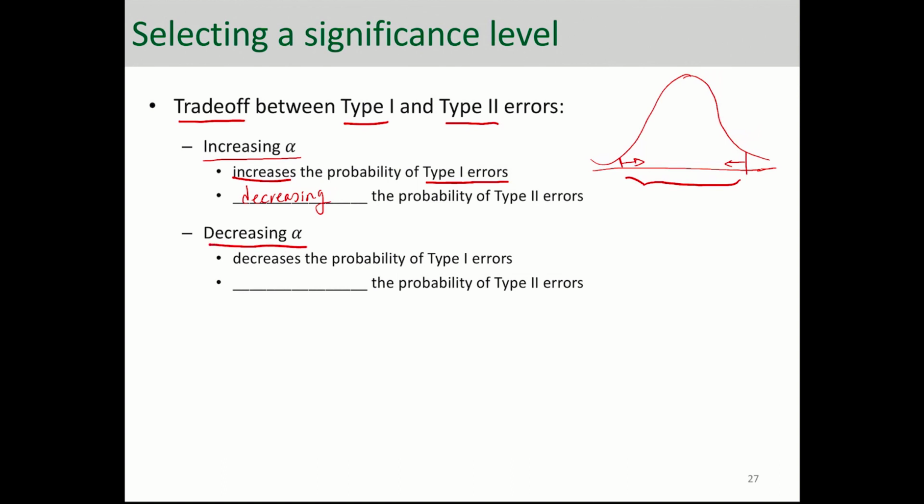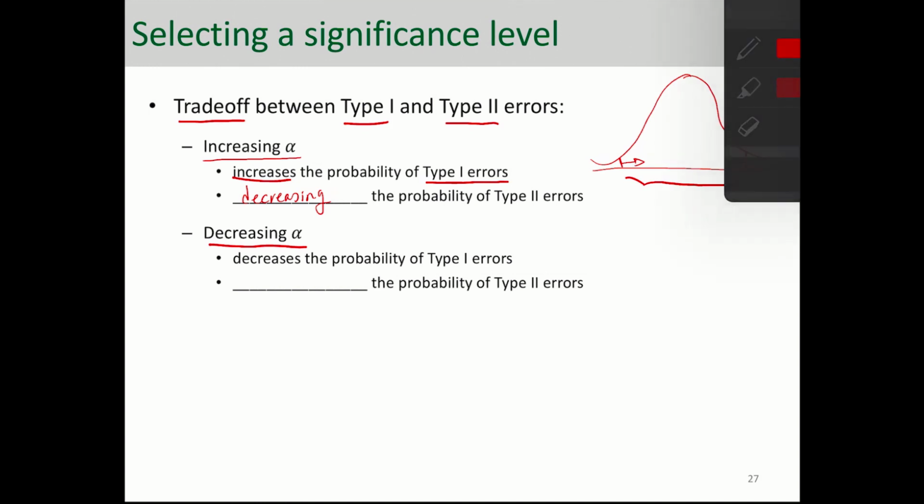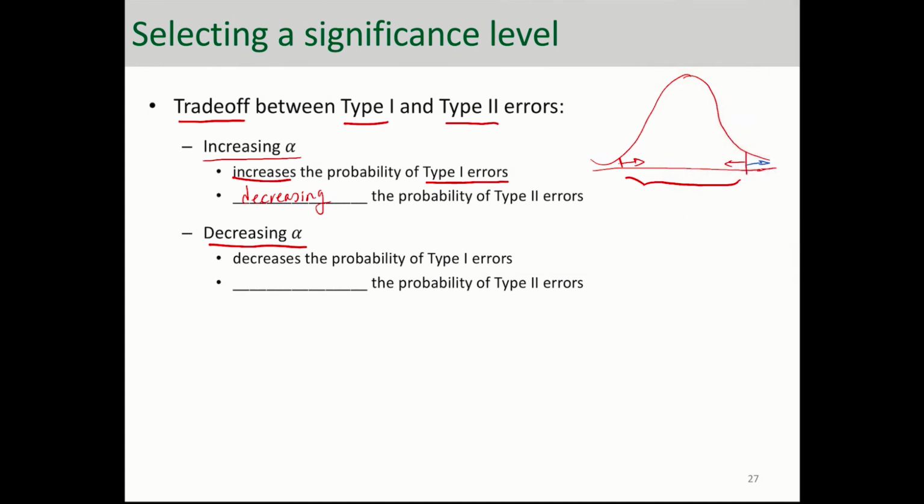And vice versa, if we decrease alpha, basically move these limits in this direction, we're decreasing the probability of type 1 error because this area would be smaller, but we are increasing the probability of type 2 error. So right now, if we get to specify alpha of our test, you realize that everything is in our control. So there's a power in our hand that we can manipulate the result.